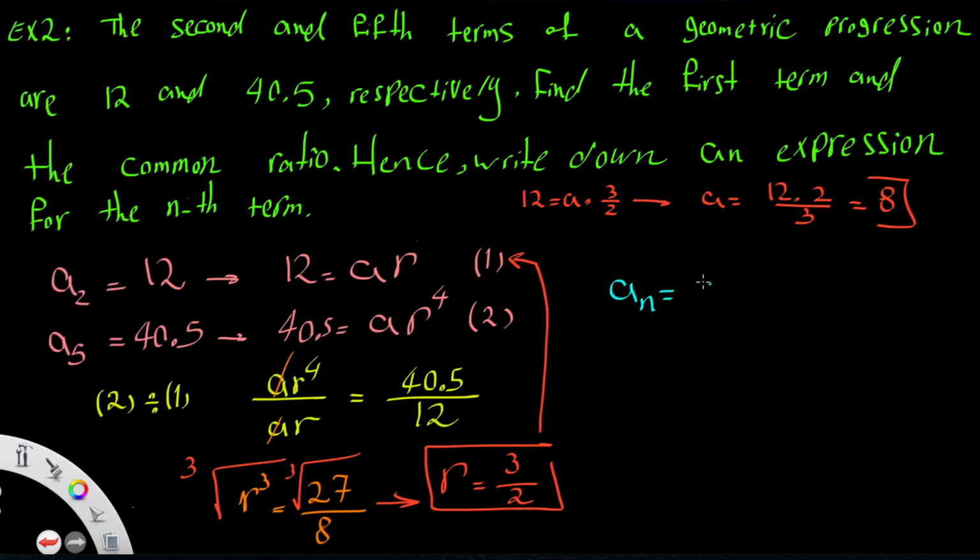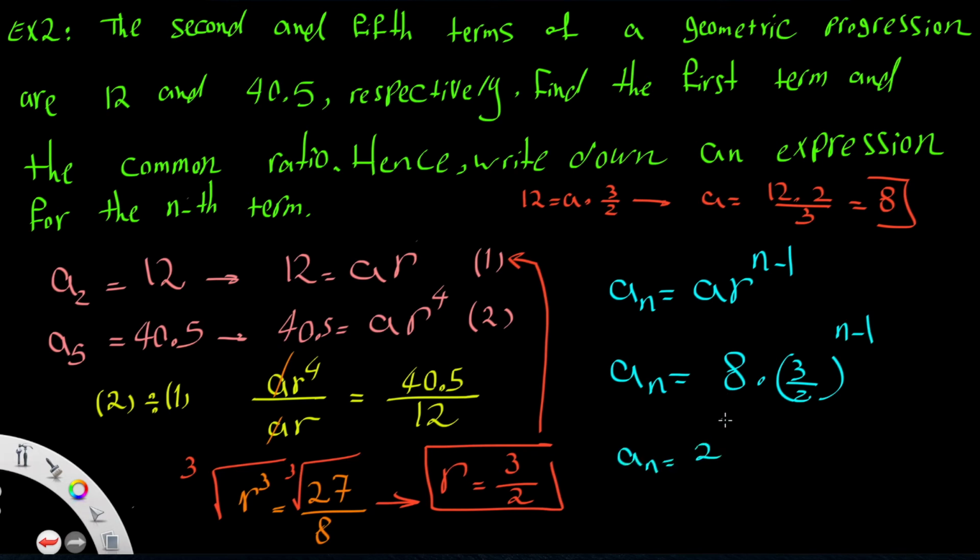The nth term is a r to the power of n minus 1. a is 8, r is 3 over 2, to the power of n minus 1. Then if you simplify, it is 2 to the power of 3, 3 to the power of n minus 1, over 2 to the power of n minus 1. Now an will be equal to, you have the same base, you can subtract powers.